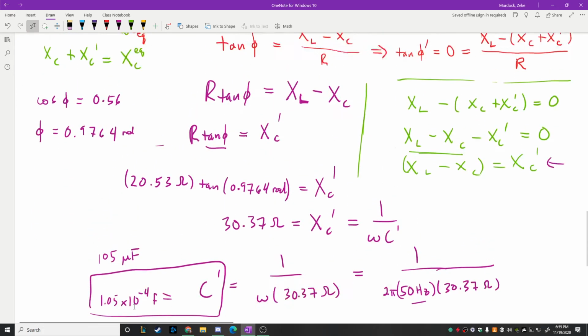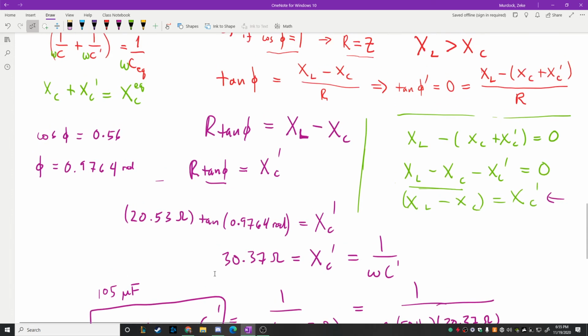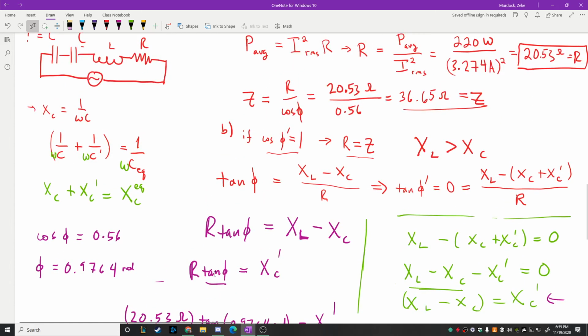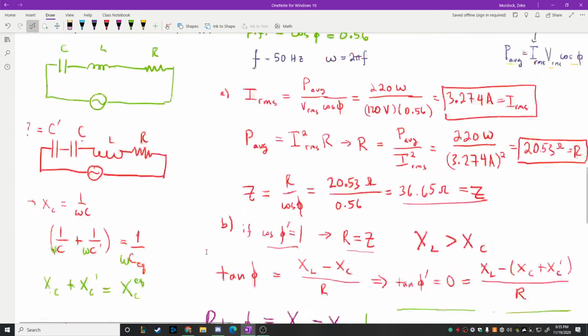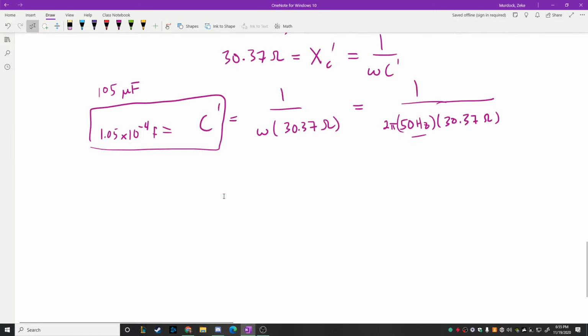Well, we've got this new capacitance, right? And we've got a new power factor. We probably also have a new RMS current too. Something that's not going to change though is the 120 volts, I believe. So if we want to find the power, we need to know what IRMS is now.